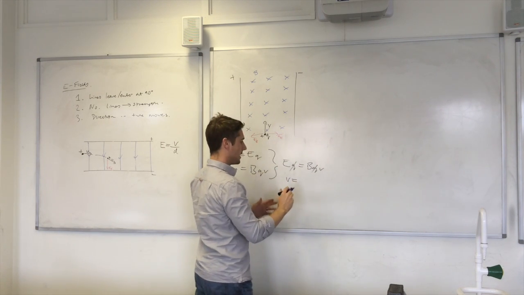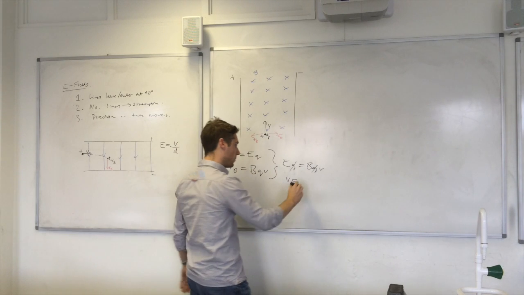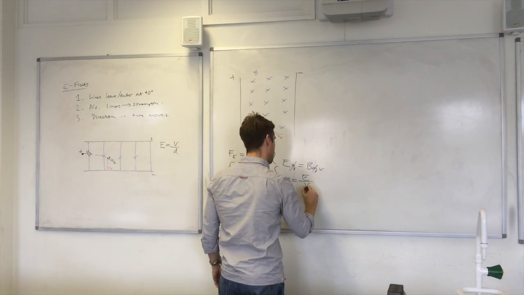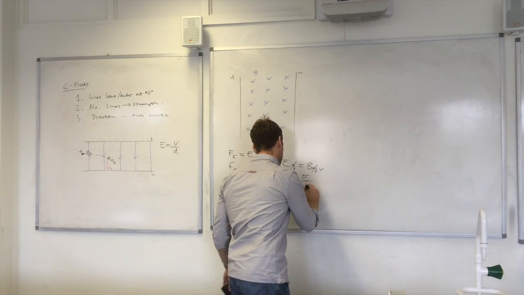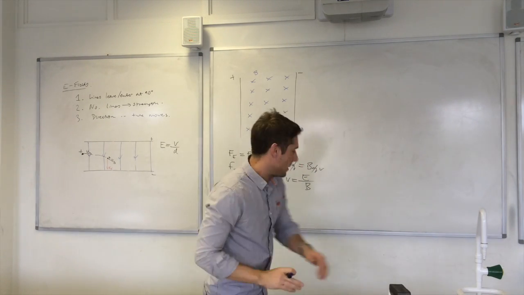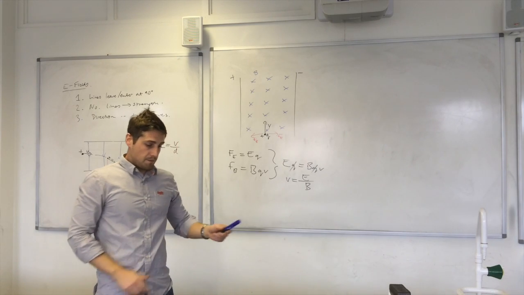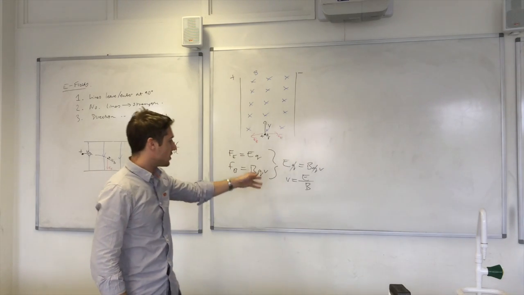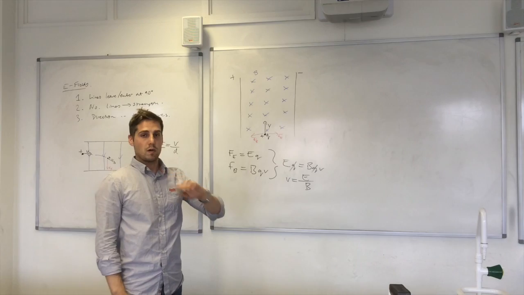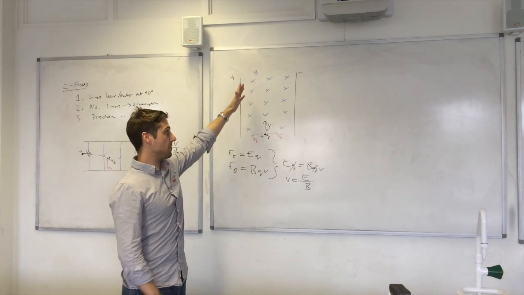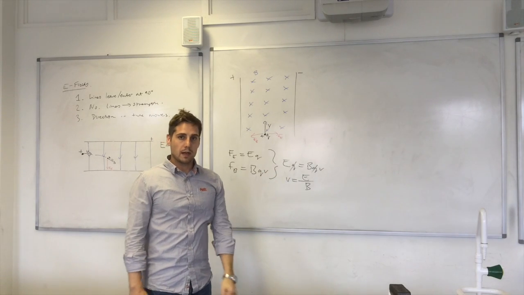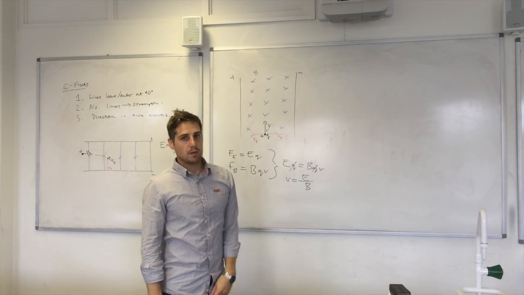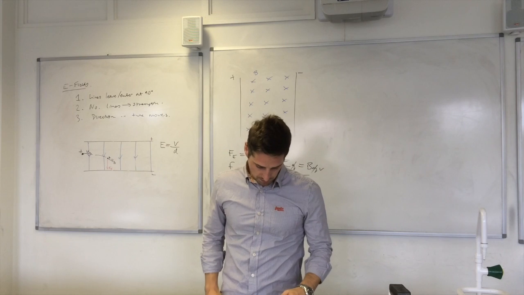So the velocity that would remain undeflected would be E over, sorry, not V, but B. They all sound the same, these letters. So V equals E over B. So you can select the velocity that you want for your particles to have as they exit your velocity selector by that equation: the electric field strength divided by the magnetic field strength.